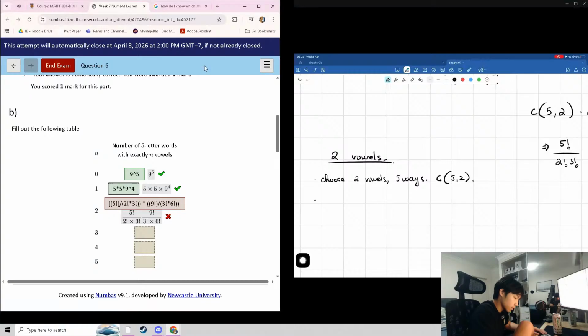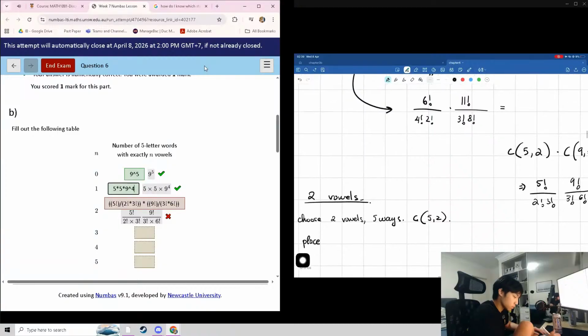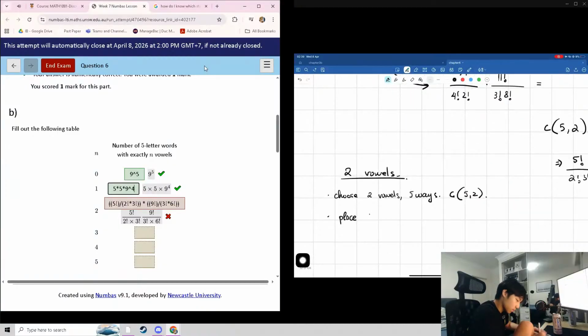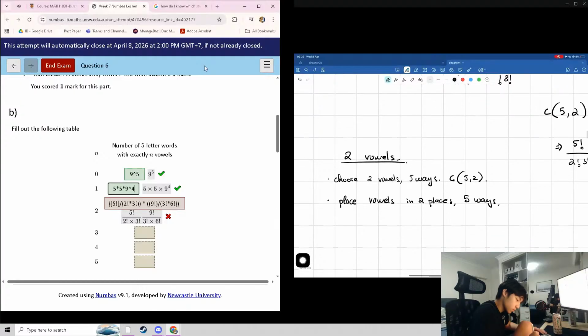Then place vowels in 2 places. 5 ways. Place consonants in 3 places. 9 ways.